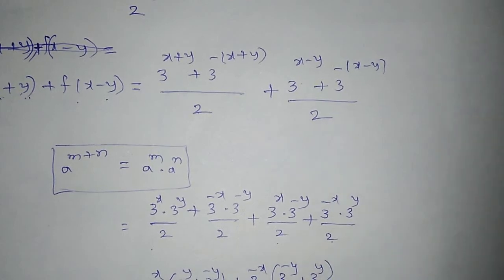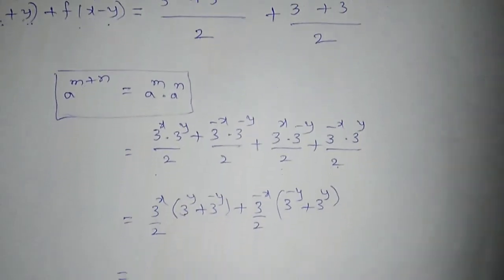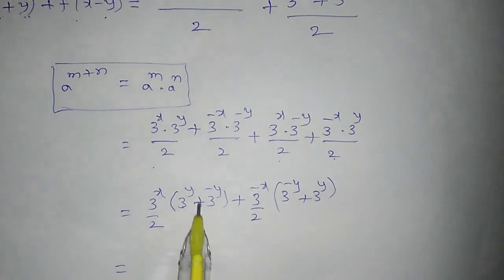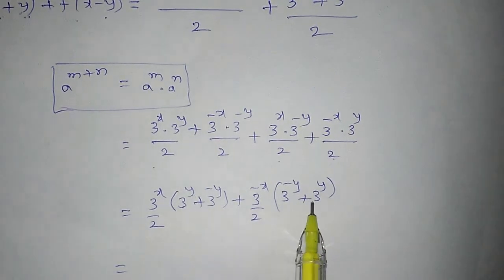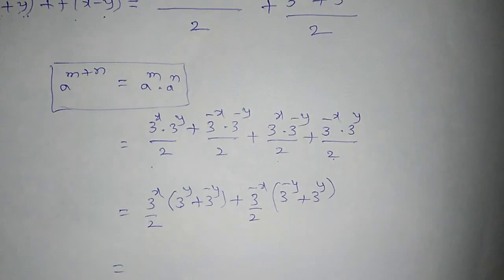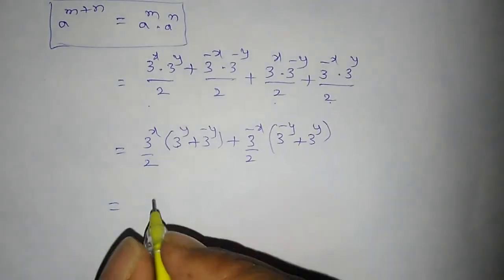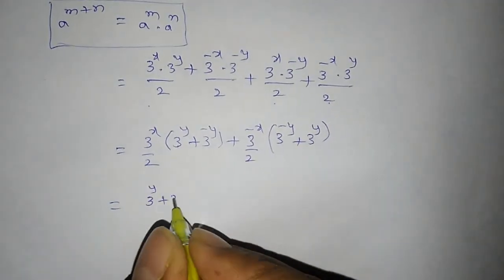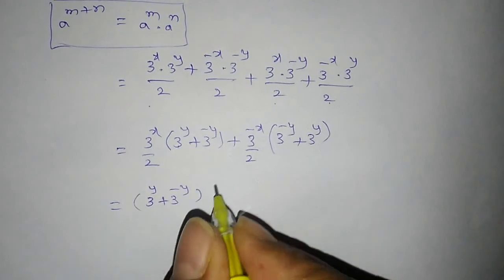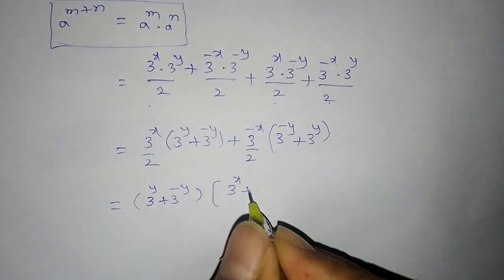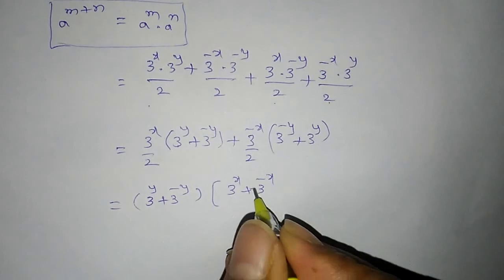So this is 3 power y plus 3 power minus y, this is 3 power minus y plus 3 power y, both are same only. So here I can take 3 power y plus 3 power minus y common, so I have 3 power x plus 3 power minus x by 2.